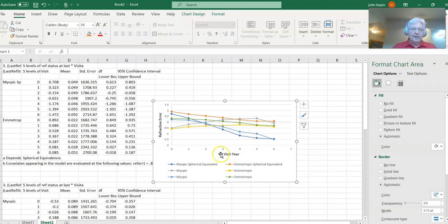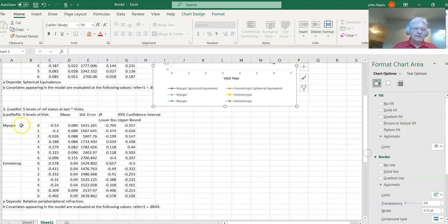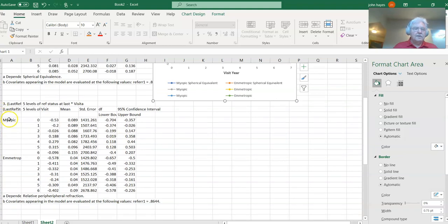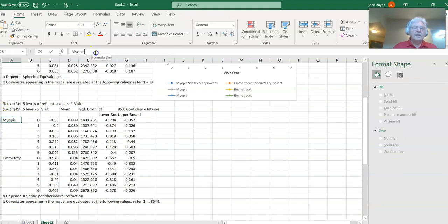Okay, now we need to change our little labeling a bit. Let's go to this one, which is relative peripheral refraction. Symmetry, relative peripheral refraction.